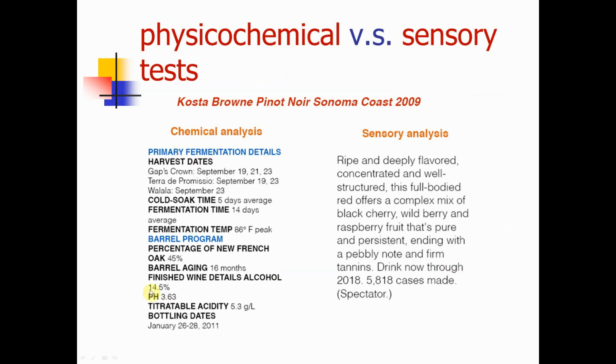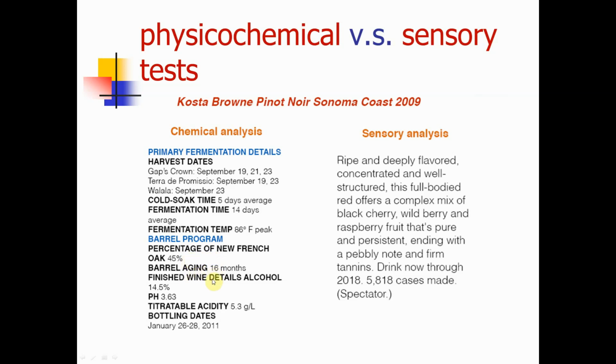The chemical analysis is what most current research in wine works on. You can see that these kinds of things are numbers. How many days for the fermentation? What is the percentage of new French oak that has been used?